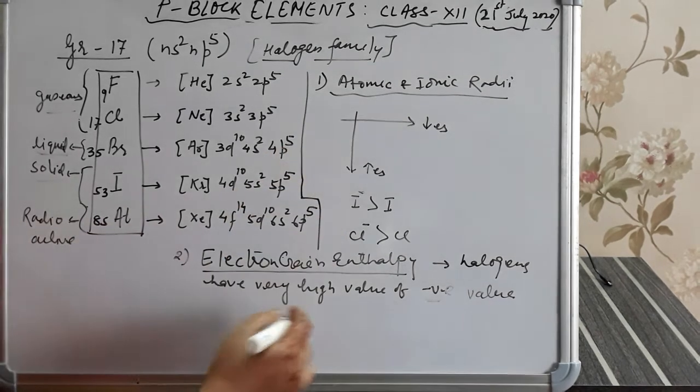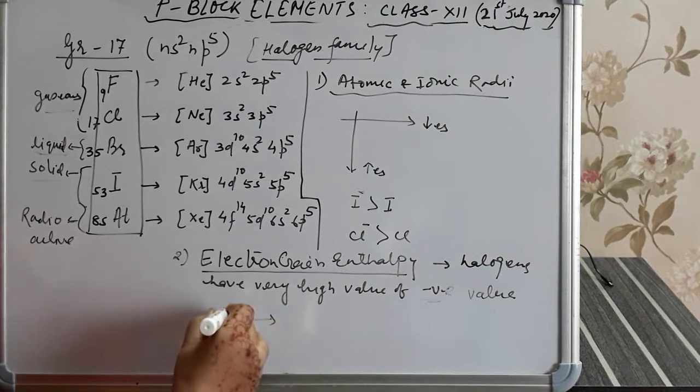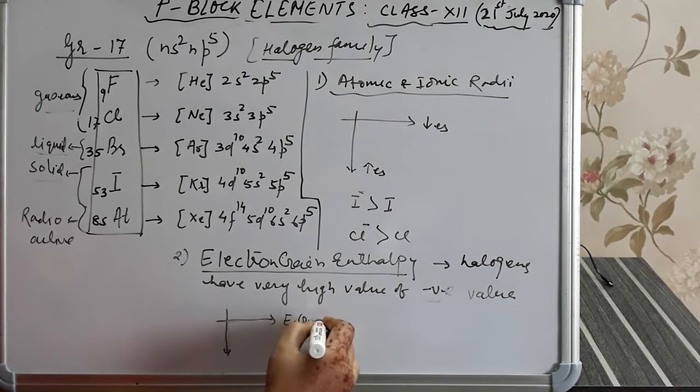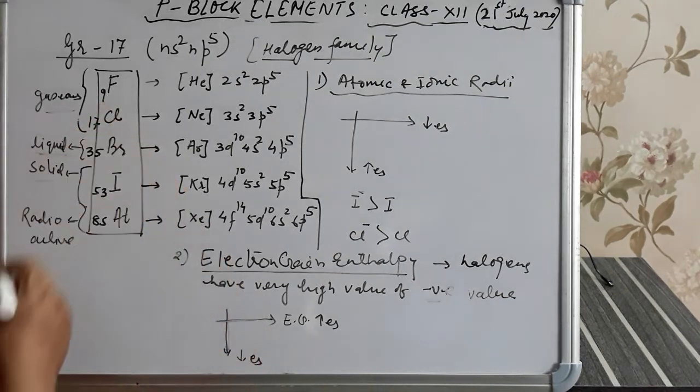Halogens are the smallest in size along the period, so the smaller the size, the greater the tendency of electron gain enthalpy. It has a high negative value, meaning it releases a lot of energy when it accepts electrons.